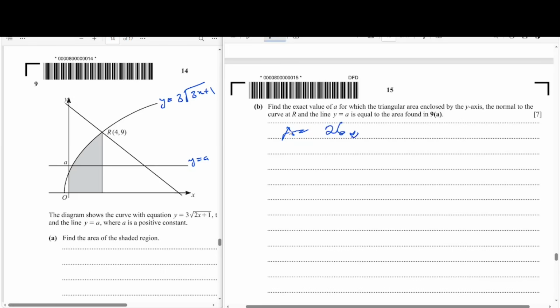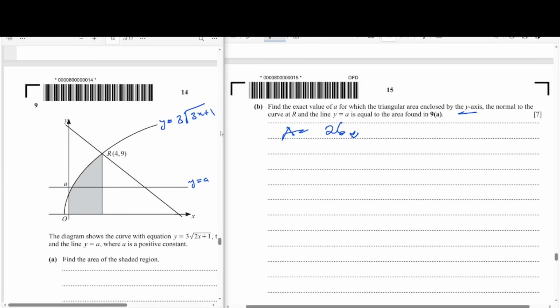And then we have to find what value A should be, so that the area of the triangle between the y-axis, so there's the whole of the y-axis in the curve, and then the normal to the curve at R, which is this slanted line, and finally the line y equals A, which is this line.